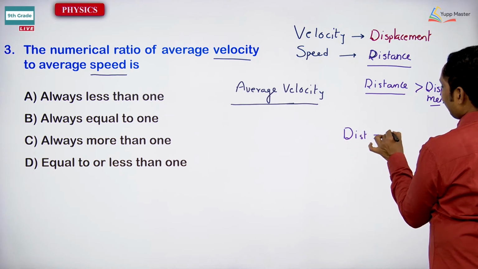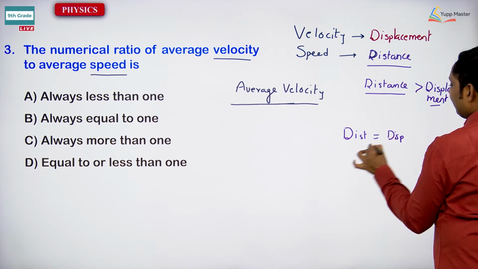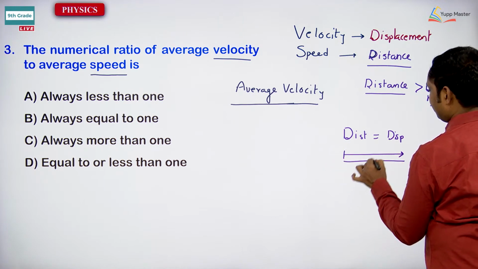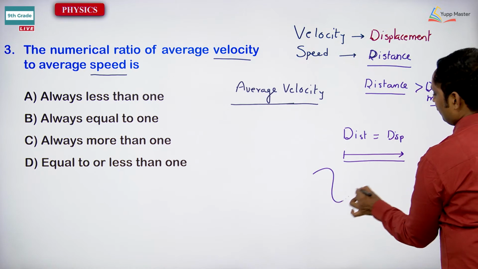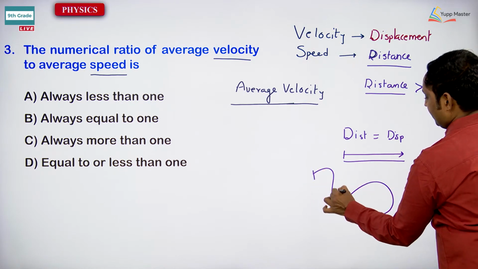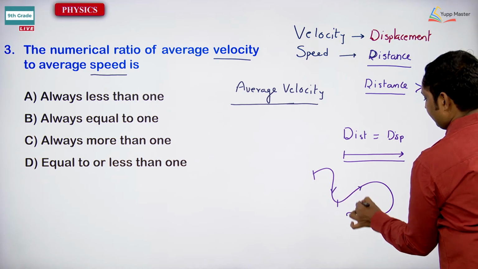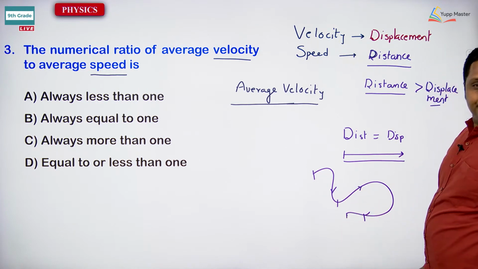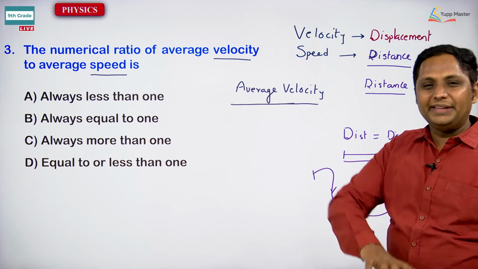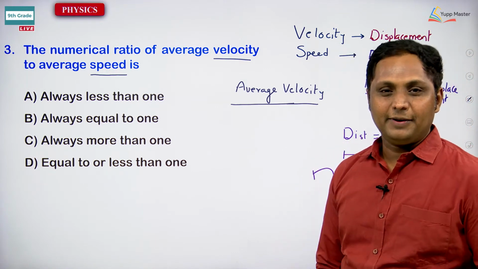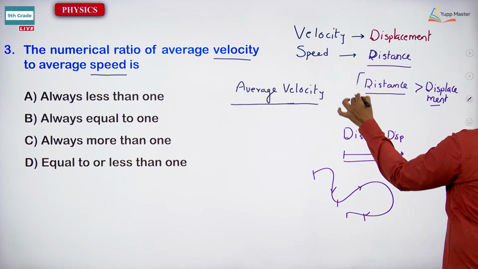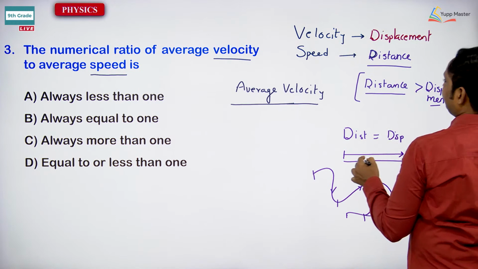If it is in a straight line path, in this case both are equal. So in this case you are going to get this. At that time you are going to take the average displacement and the average. So it is going to be greater, right.